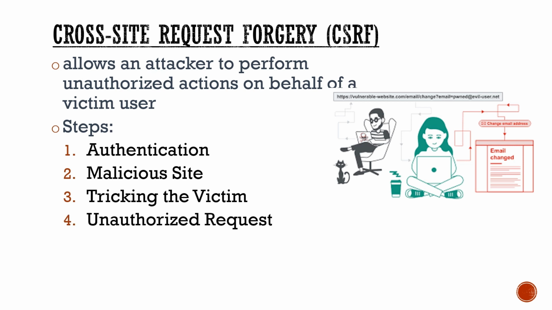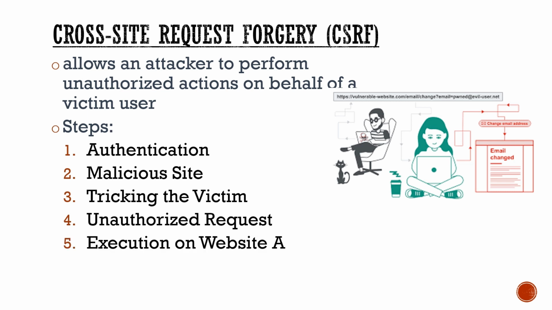When the victim visits website B, the malicious website, their browser automatically sends requests to the first website, the authenticated one, in the background, using the victim's stored authentication credentials as part of the request.